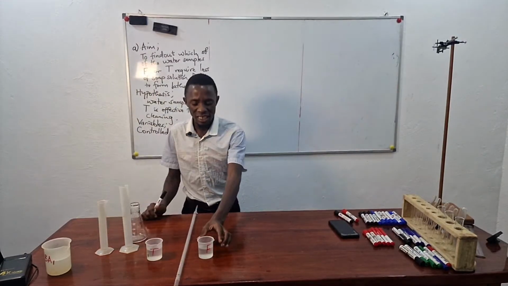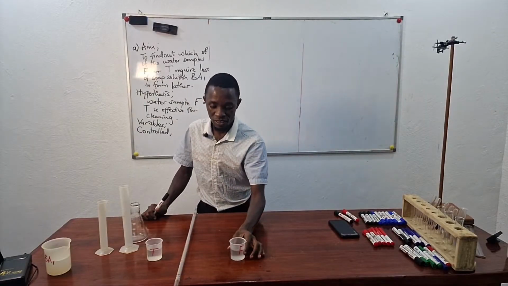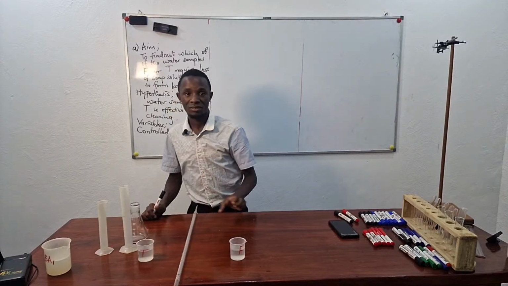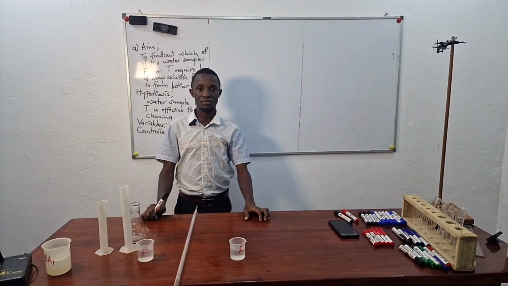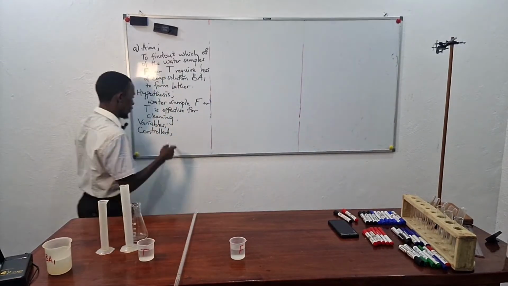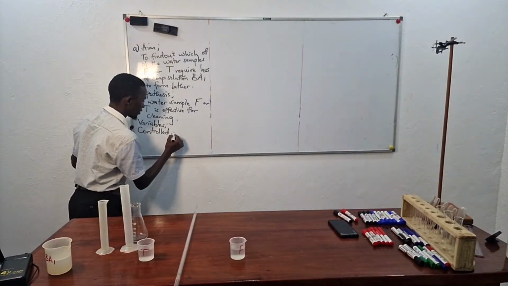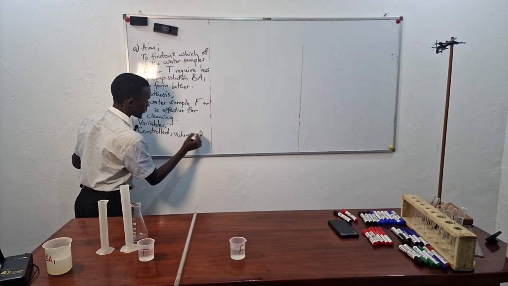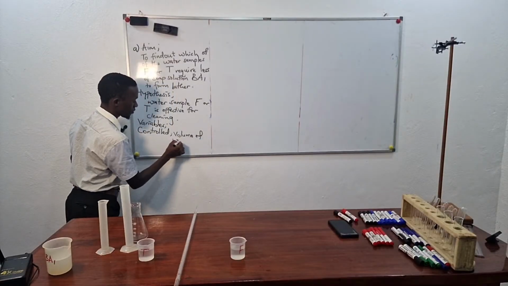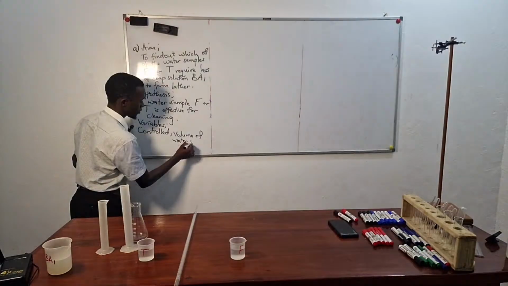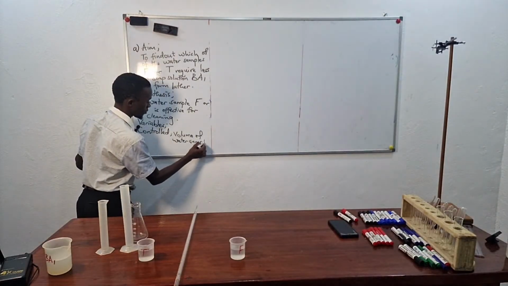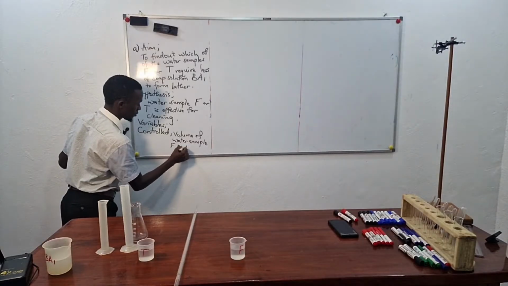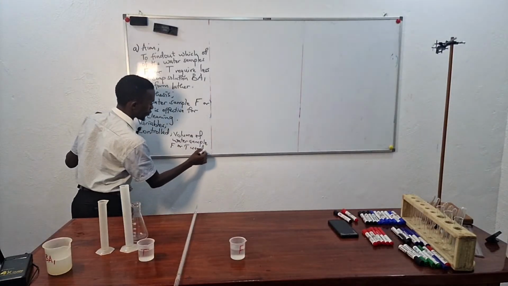If we use, let's say, 20 of F, it is the same volume of T we shall use. So the volume of the water sample used will be our controlled variable.